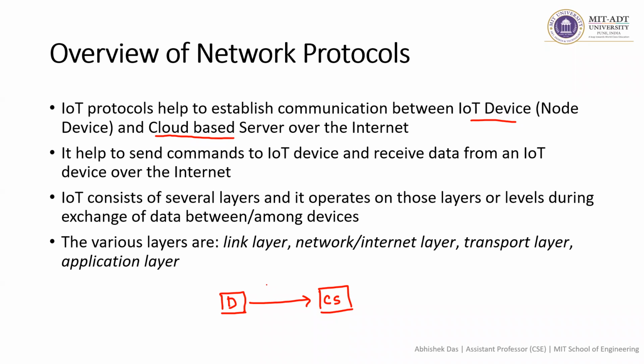With the help of the internet, the IoT device is getting connected to the cloud-based server. Now, if you only have the internet, then it is not possible to communicate, right? So for the communication purpose, so that one device is connected to another cloud-based server, you need to have the IoT protocols as well.